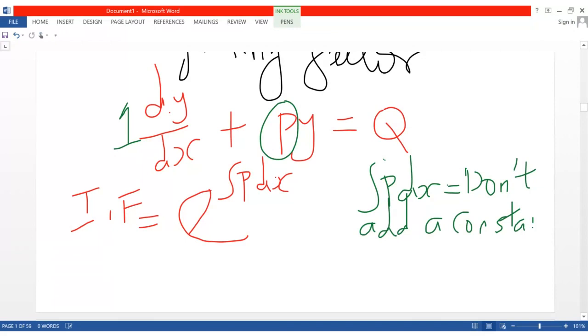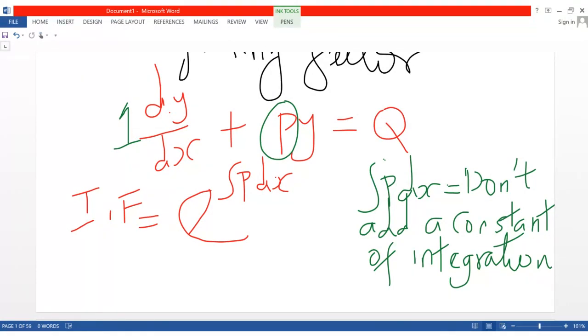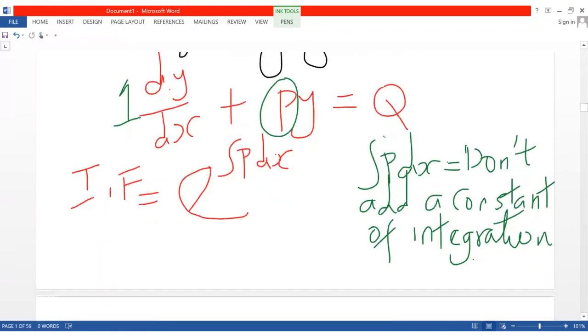I'll show you why. You just integrate, and you don't add a constant of integration. So very important. Integrate the P, you'll get exponential of the integral of P dx, and you don't add a C, a constant of integration.